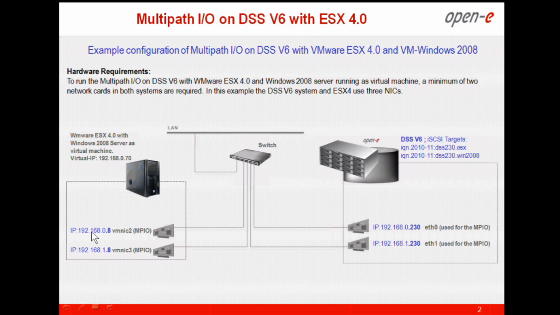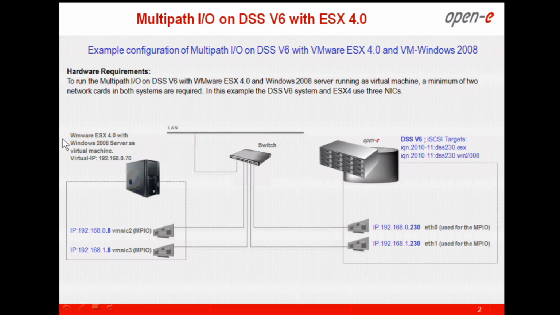Here we will have ESX with addresses 0.8 in subnet 0 and 1.8 in subnet 1, so two network interface cards, and the service console is also in subnet 0.